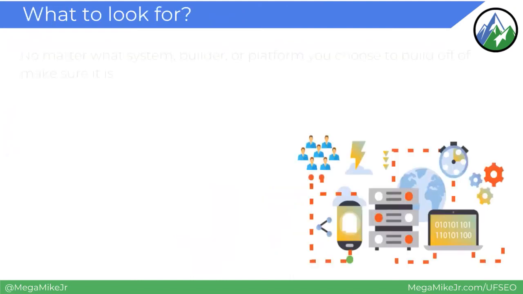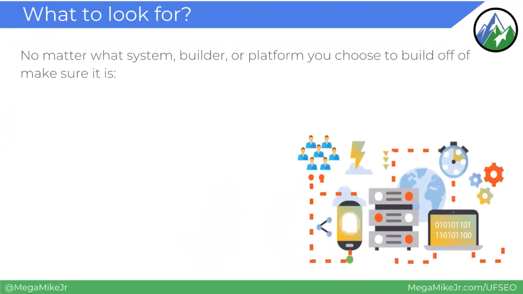So here's what to look for. No matter what builder platform you choose, make sure it has a few of these elements or is capable of doing these things. Make sure it's flexible. Make sure it gives you the freedom to optimize, meaning that if you can't manipulate the breadcrumbs, the URL structure or the slug name, or even import your own meta information like your title and description, more than likely it's not going to be great for you.